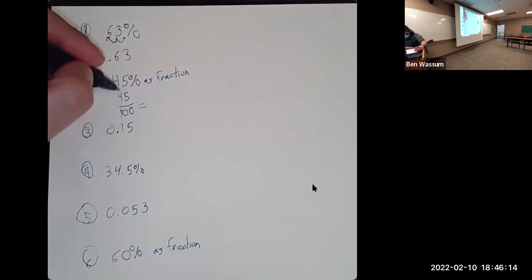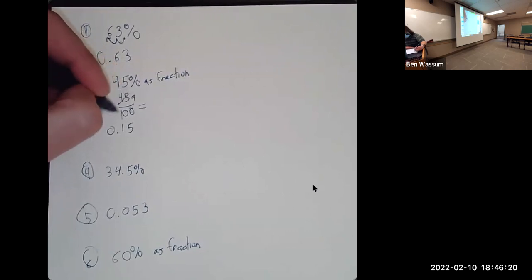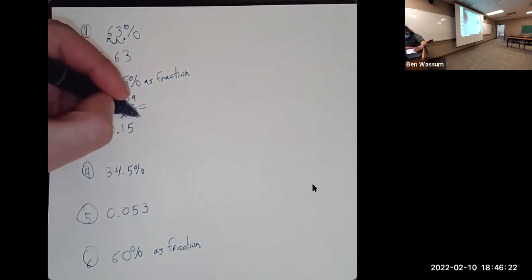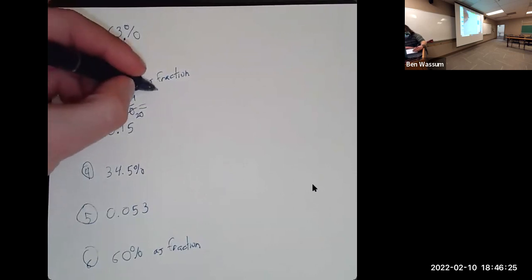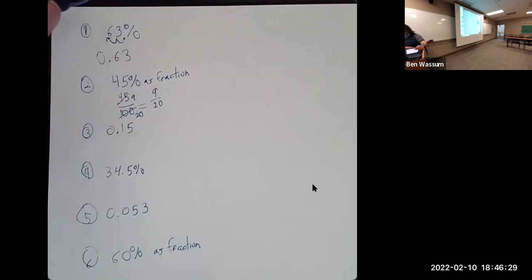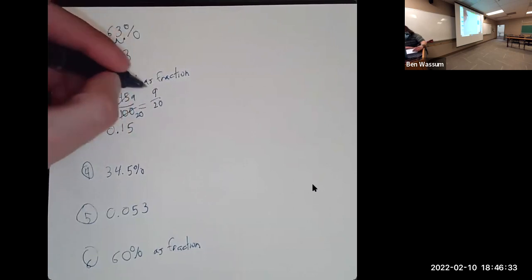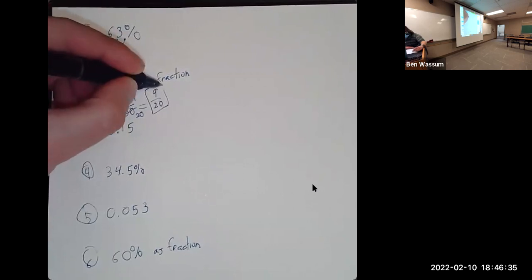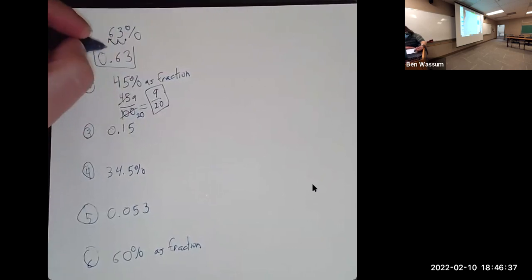So you'd say, okay, well, each of these is divisible by 5, right? So 5 could go into the top 9 times, and 5 could go into the bottom 20 times. So we would end up with 9 over 20. You would look at that and say, is there anything else I could break down by? No, not in this case, right? So 9 over 20 would be your equivalent fraction.